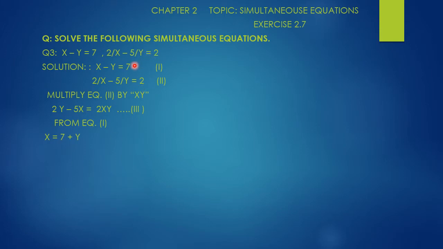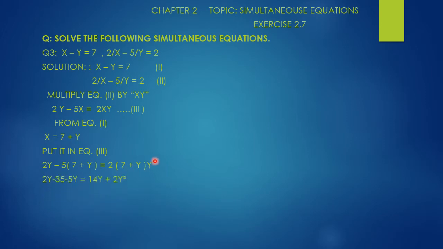Put in equation number 3, which is 2y minus 5x is equal to 2xy. So 2y minus 5, the value of x is 7 plus y, is equal to 2 into x into y. So x has the value 7 plus y, bracket close, into y.